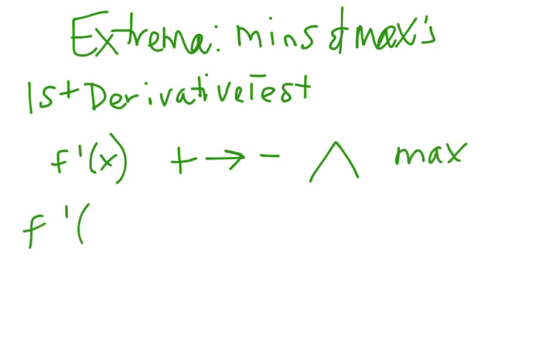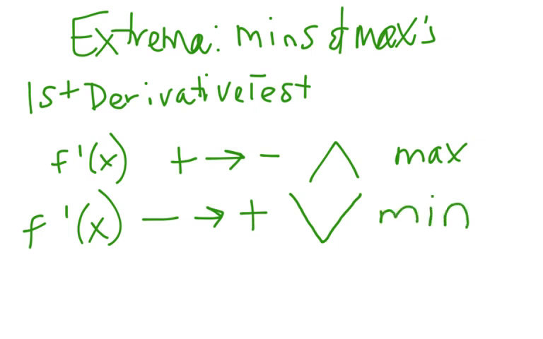And if f prime of x goes from negative to positive, so decreasing to increasing, we have a minimum. So it kind of makes sense when you look at what that looks like on a graph.